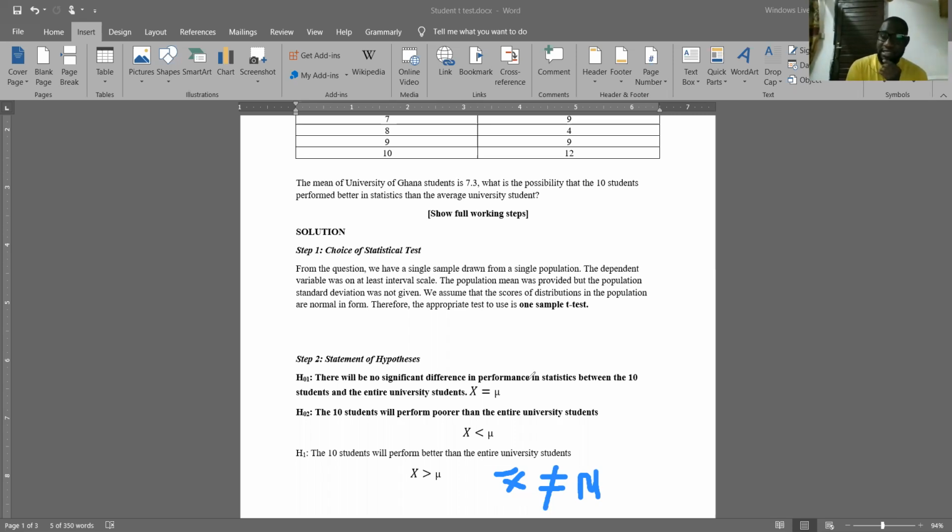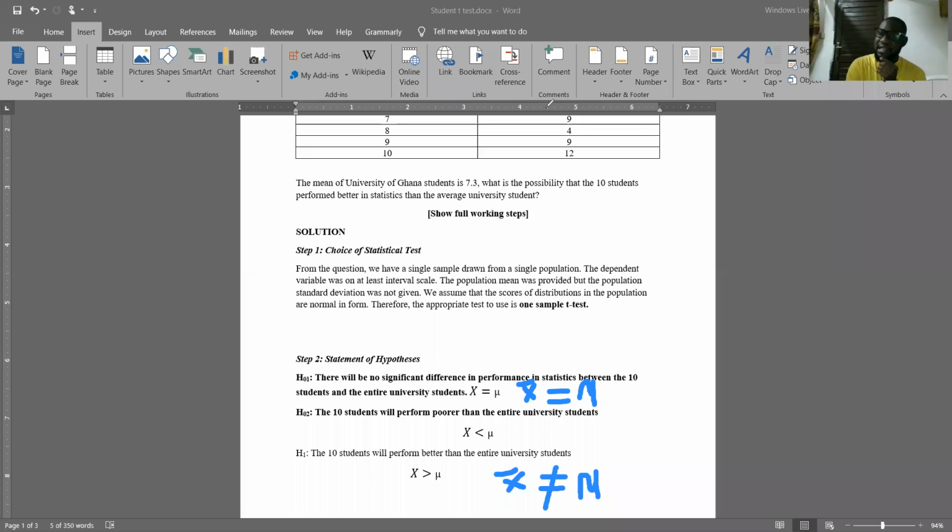So we would have just stated there will be no significant difference in performance in statistics between the sample and the population, meaning you would have represented it as the sample mean will be equal to the population mean.